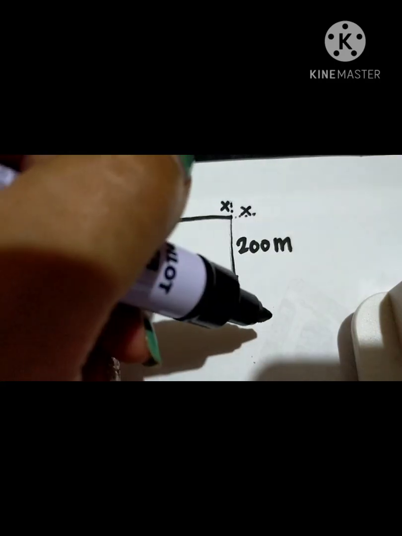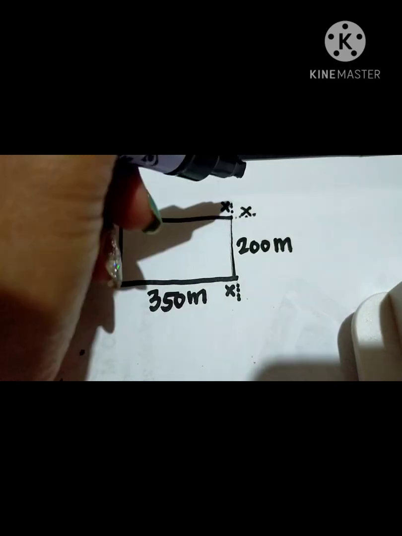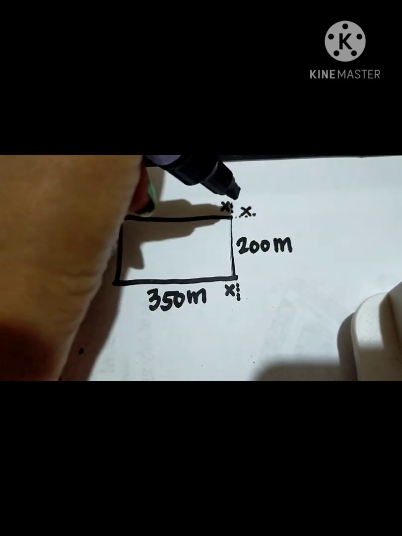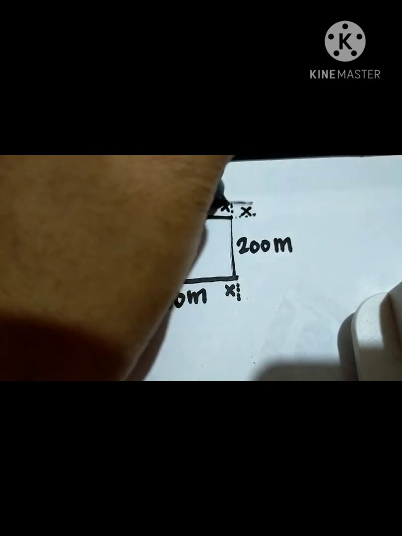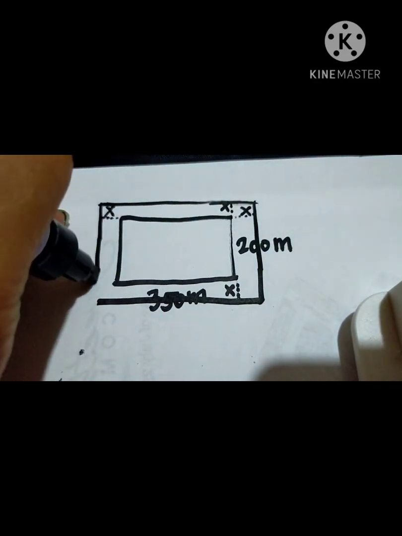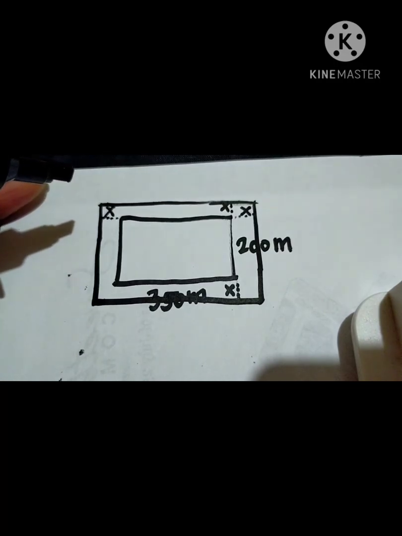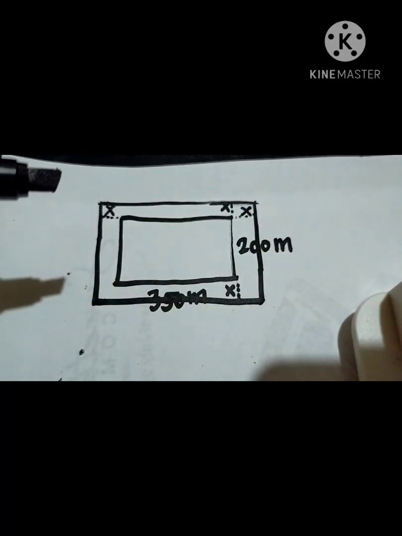Now let us draw the bigger rectangle showing the pathway. Okay, so it would be like that. So how are we going to represent the length and the width of the bigger rectangle?